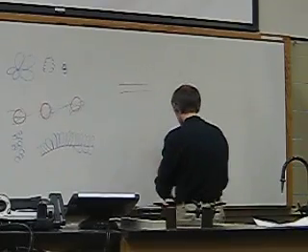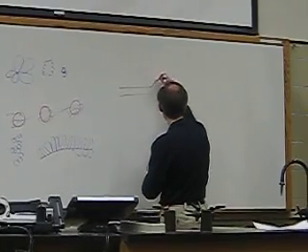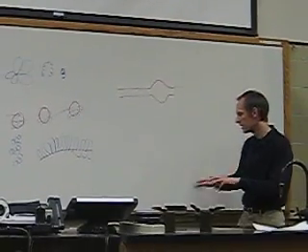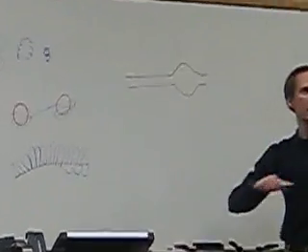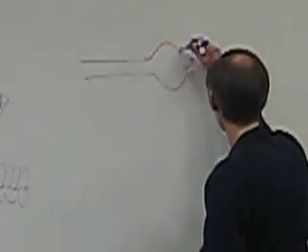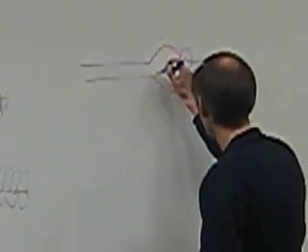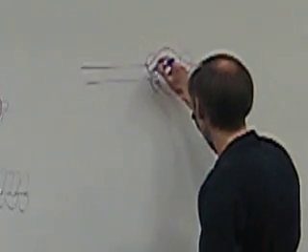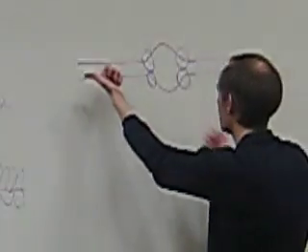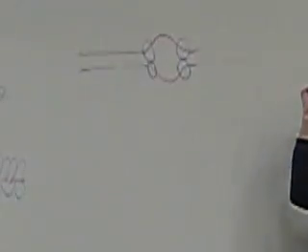So we open up the DNA. Then we can have DNA polymerase complexes coming in on either side of these replication forks. Okay, so we open up the DNA, there's going to be a replication fork going this way, replication fork going that way.